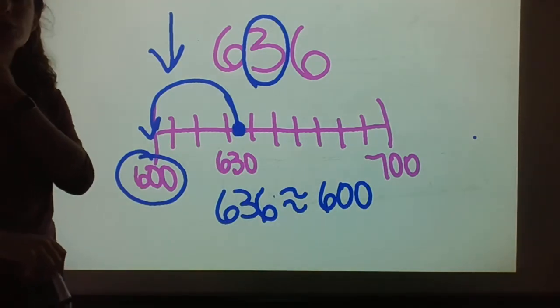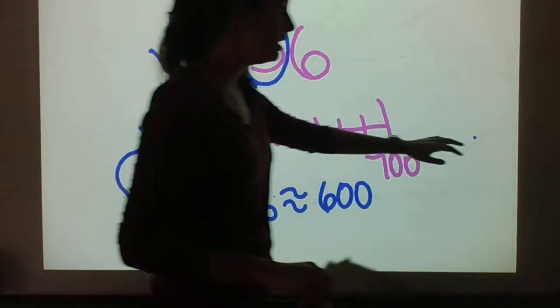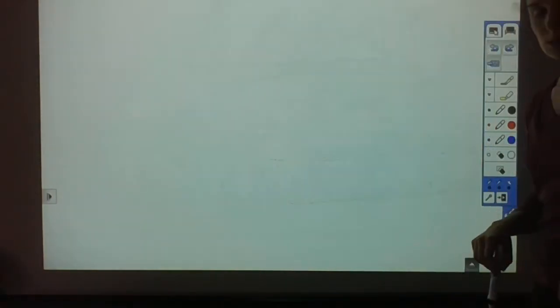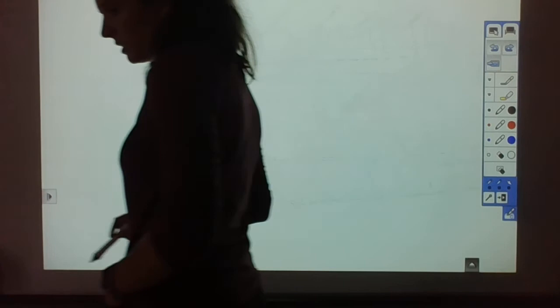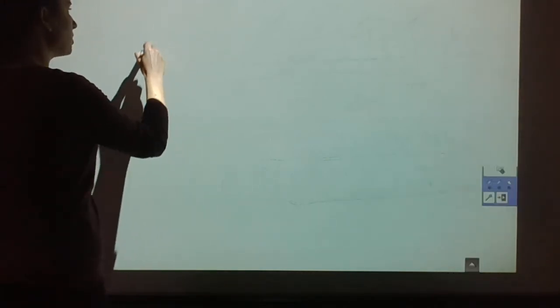All right, my friends, wonderful job with practicing rounding. There is one more thing I want to discuss with you, just as a quick review before you get started on your classwork grade today. Those are some vocabulary words we learned in second grade. I know we talked about it earlier this week.